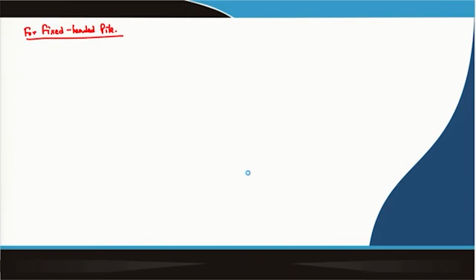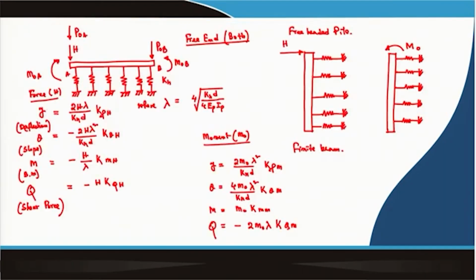So, for example, suppose we apply a horizontal force on a fixed headed pile. Because of the fixity of the head, a moment will generate on the head of the pile. And for the fixed headed pile, if one end is fixed, what would be the slope? The slope will be 0.